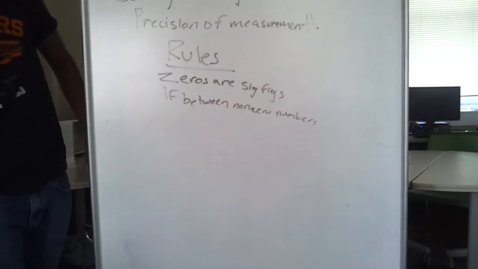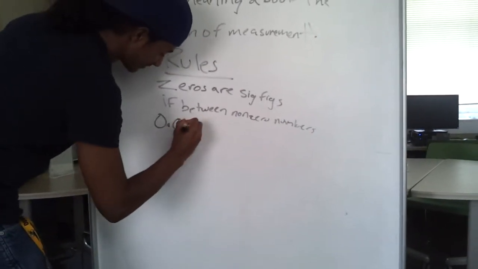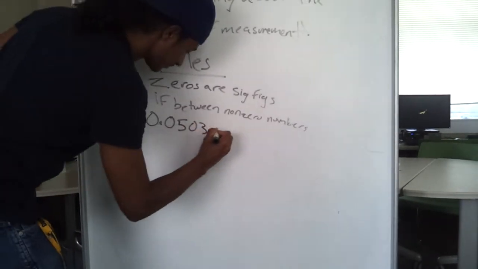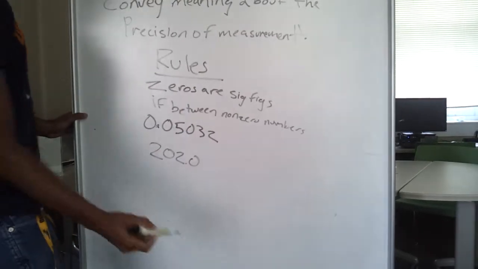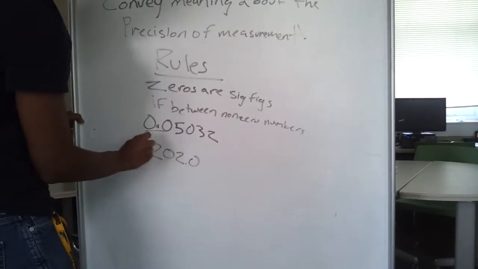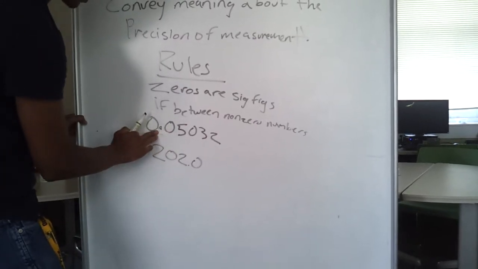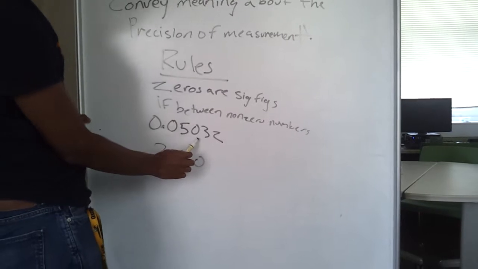Now, in this example, you won't count these two. These two here are just placeholders. So you'll start with the 5, count this 0, 3, and the 2.